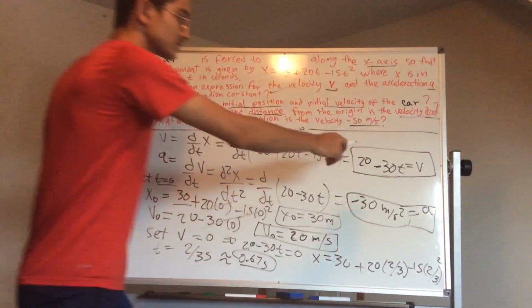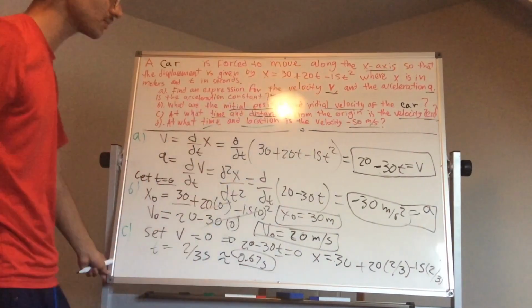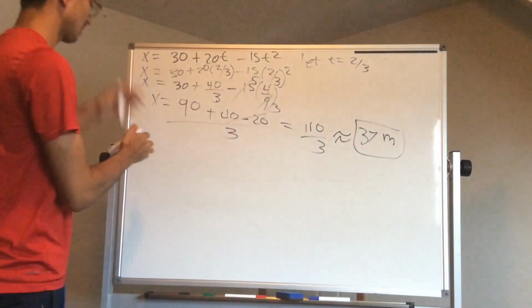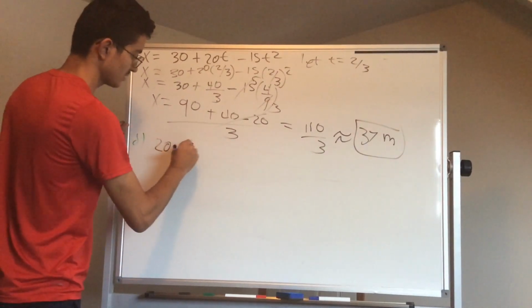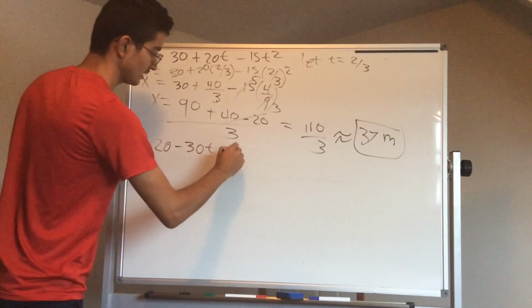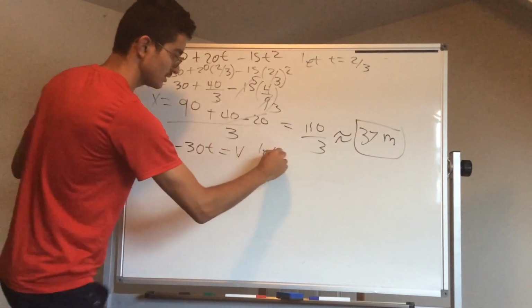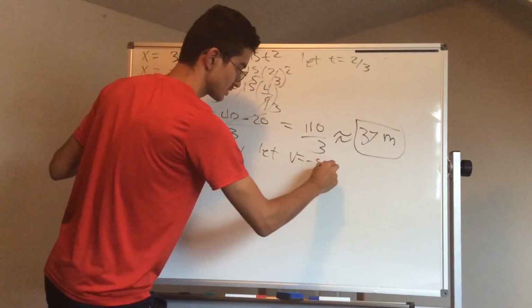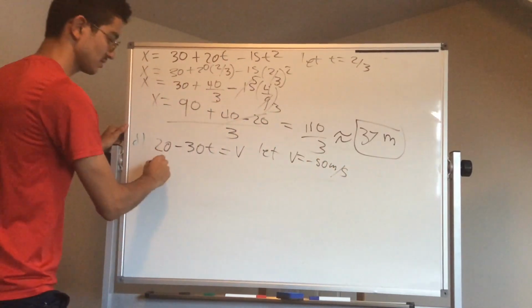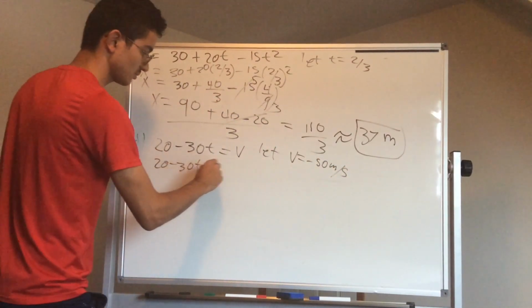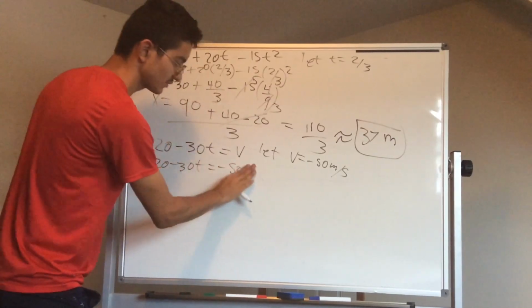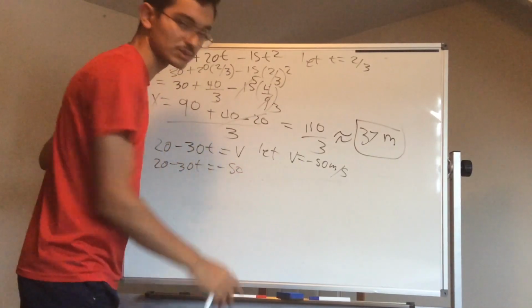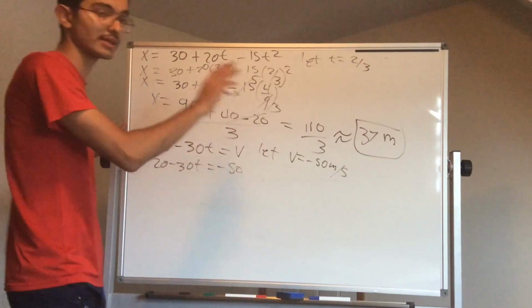So 20 minus 30t is equal to v, and we're going to let v equal negative 50 meters per second. We don't have to write the units because we already know it's in SI units. We'll just do that at the end.